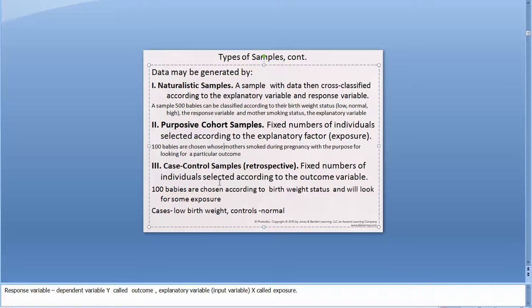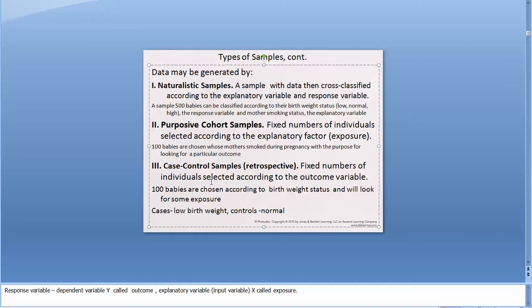The third one is a case control sample. Now in here, what you are doing is looking at an outcome. You are choosing people or items based on an outcome. Like in here, the birth weight status, whether babies have low birth weight or normal birth weight.